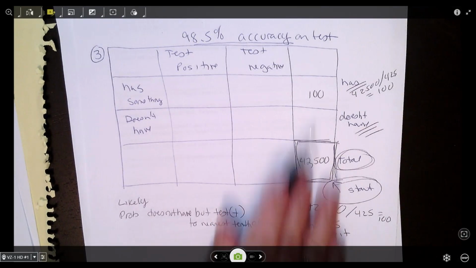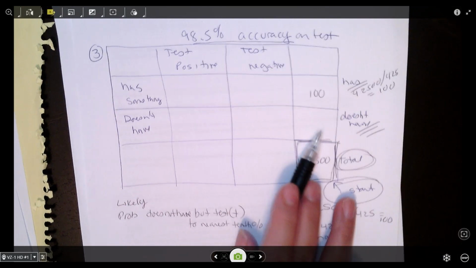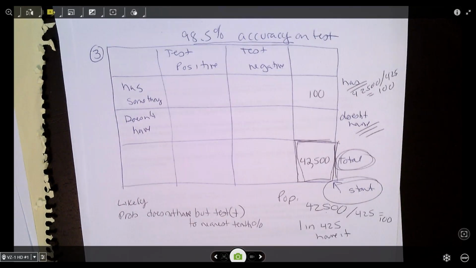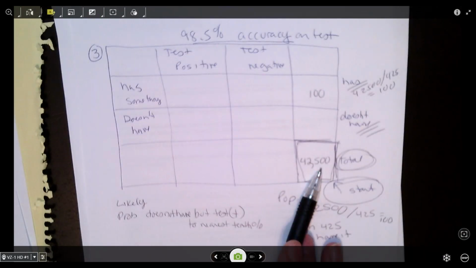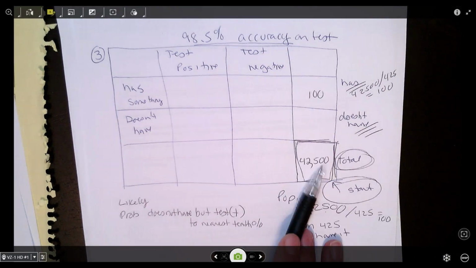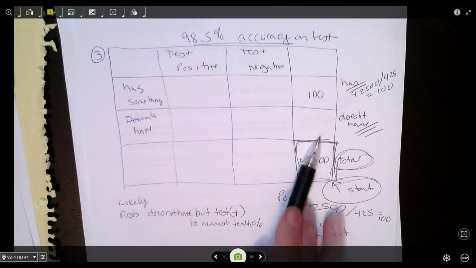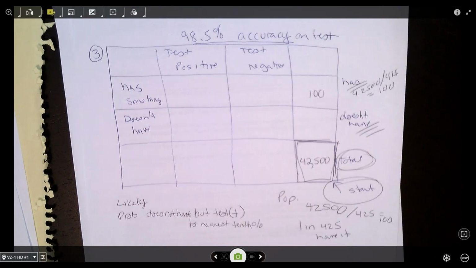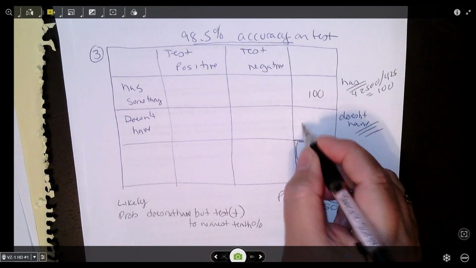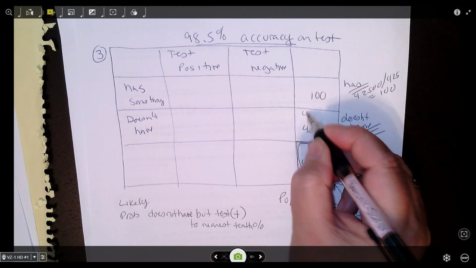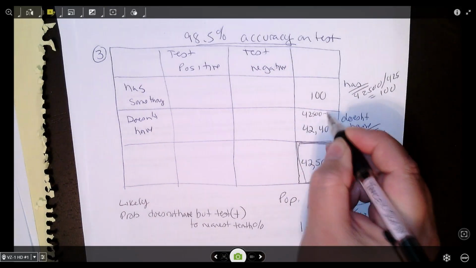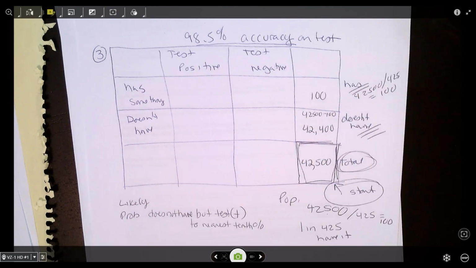If we know 100 have it, how many don't have it? If this is the total and 100 have it, how many don't have it? 42,400. Yep. We just subtracted, and that gave us that amount.